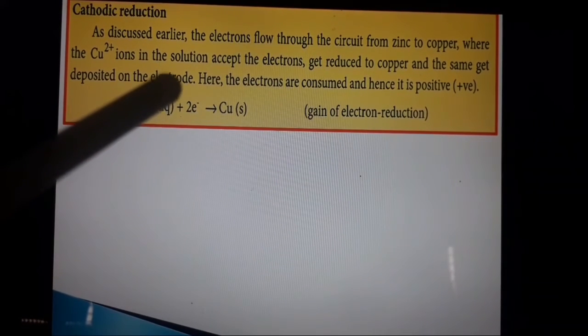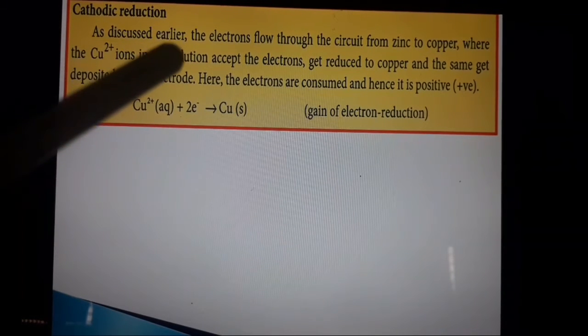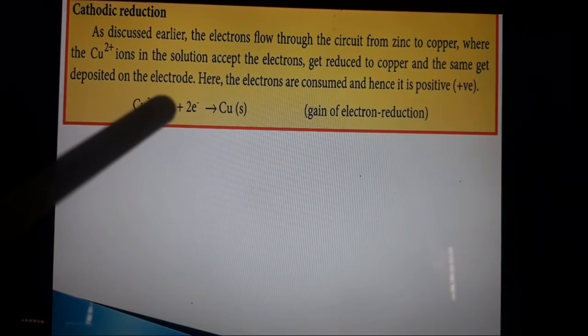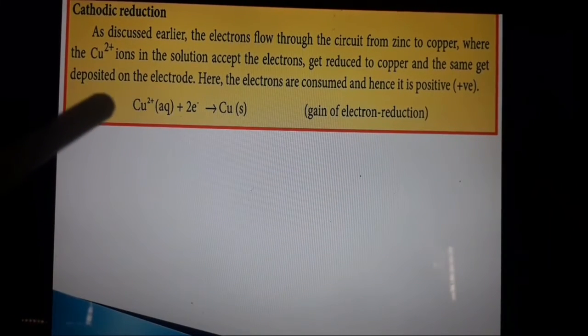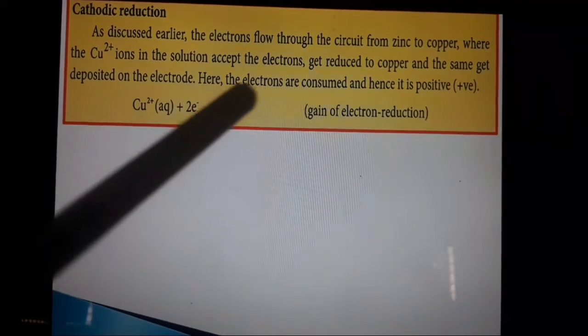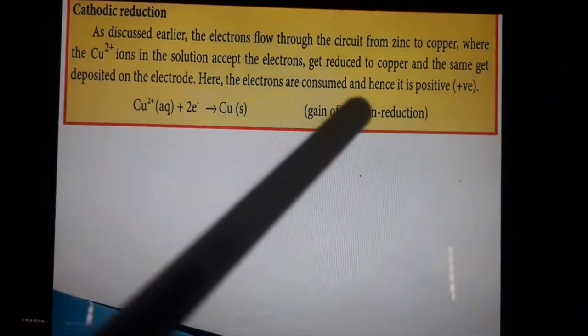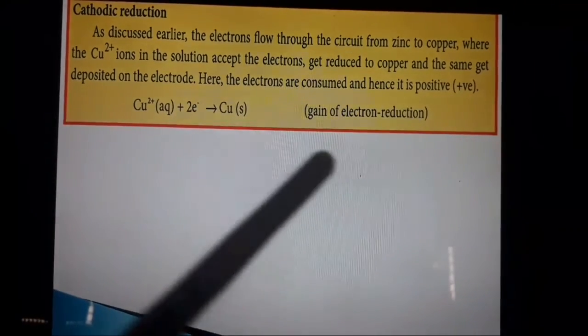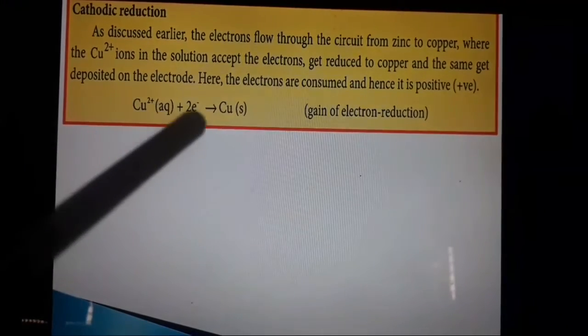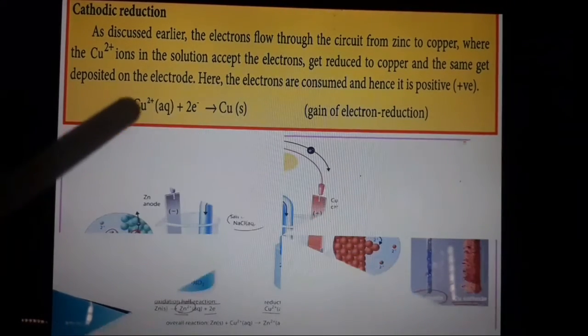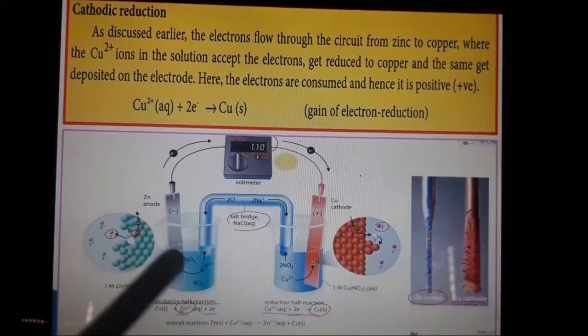The copper is deposited on the copper electrode immersed in the beaker. The electrons are consumed there and it is positive. Gain of electrons is reduction. This is the basic principle.